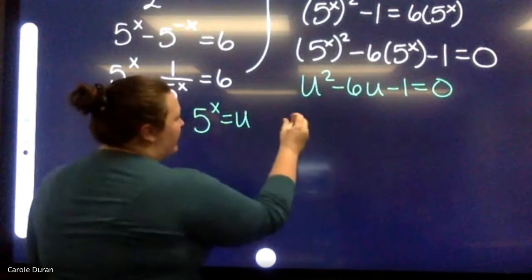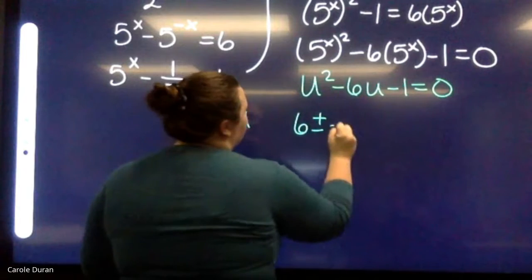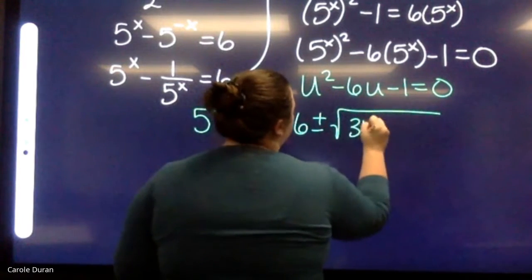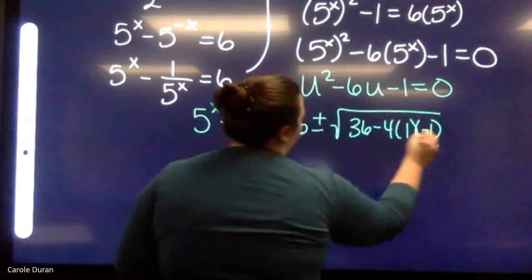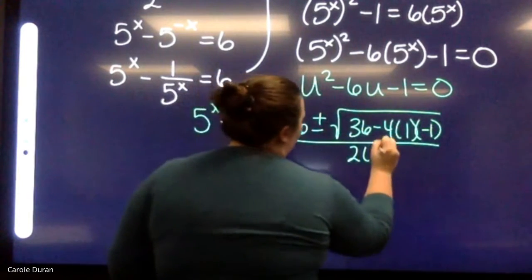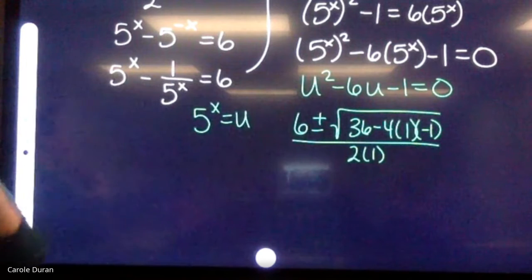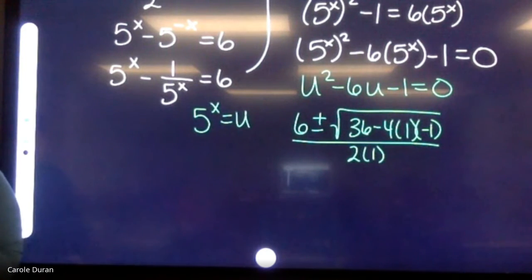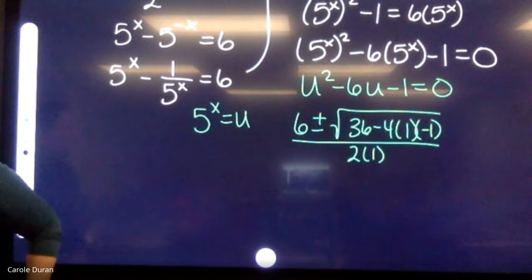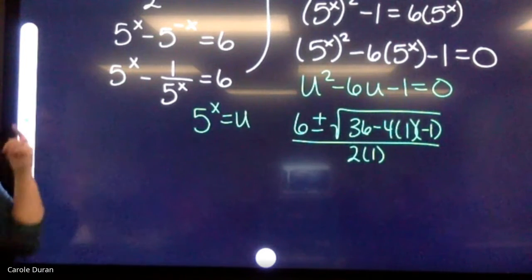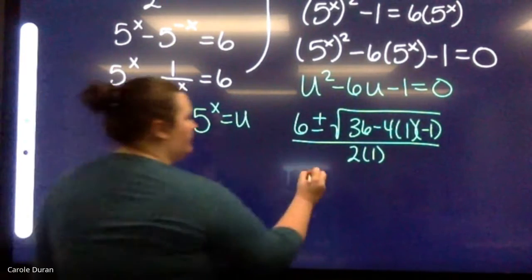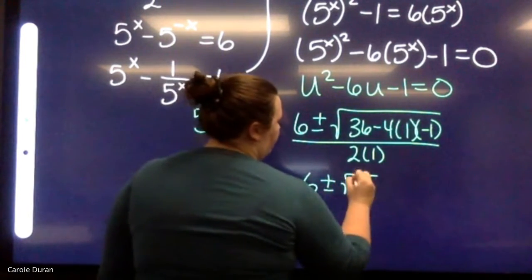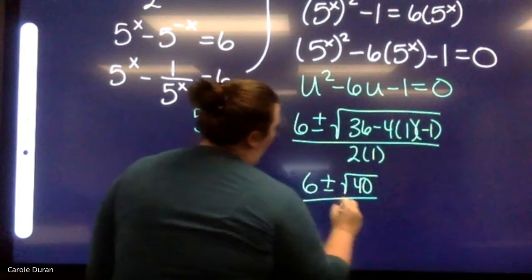So I do my quadratic formula and I get 6 plus or minus the square root of 36 minus 4 times a times c, all over 2 times a. We go ahead and simplify this. 36 minus 4 times 1 times negative 1 becomes 36 plus 4, which makes it 40, all over 2.